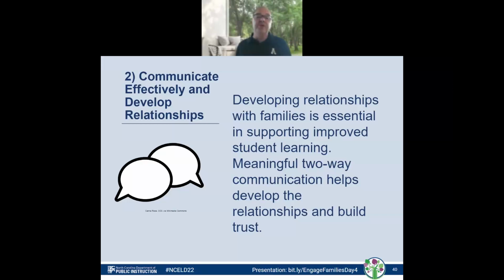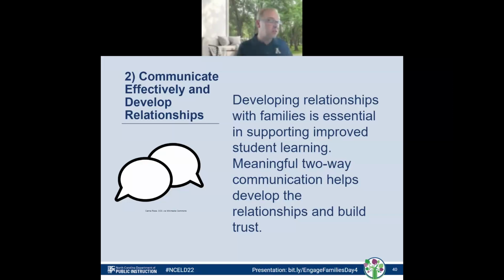His next principle was to communicate effectively and develop relationships. We need to think about what are the opportunities for meaningful two-way communication in our schools. And in this principle, Dr. Constantino argues for intentionally creating an inviting environment. Meaningful two-way dialogue is intentionally planned to build trust.